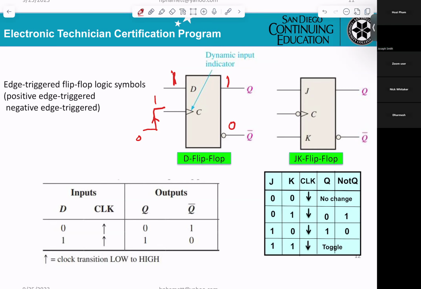0 to 1. In the system, we're using PCLK, P clock, for the clock going 0 to 1.